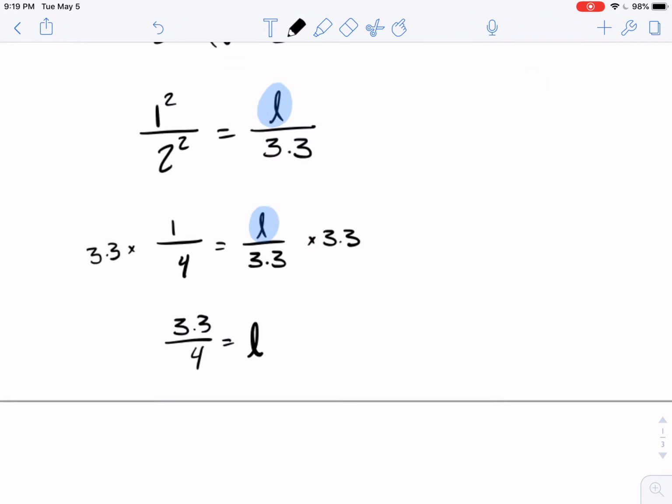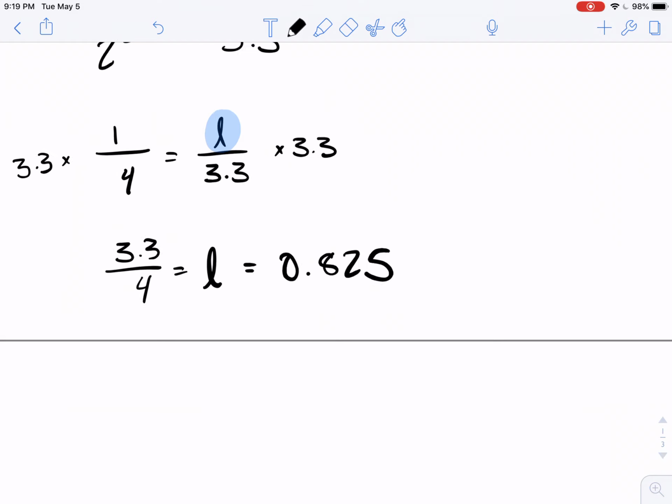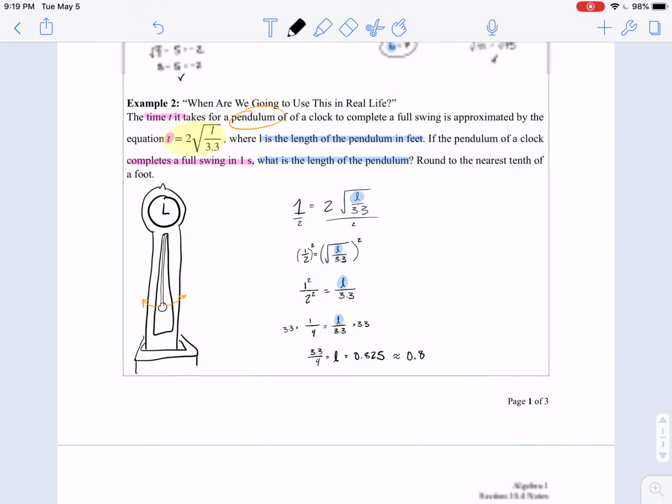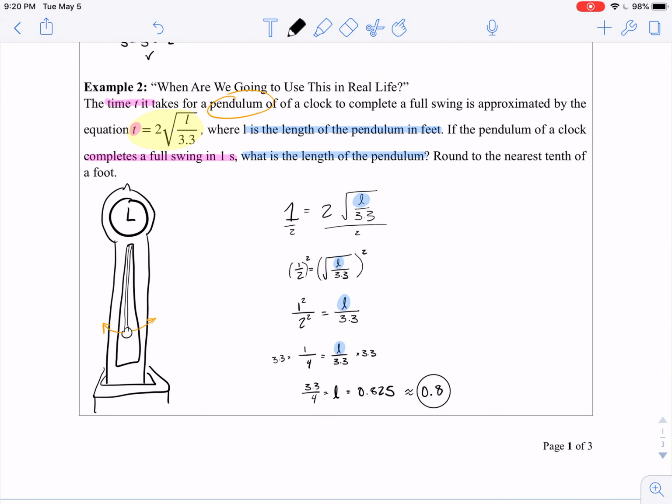And that comes out to be exactly 0.825. Rounding to the nearest tenth, 0.8, right? Nearest tenth of a foot? Yeah, about 0.8 feet. Cool. Like 4/5 of a foot. So I guess this is a very, very tiny clock. It's not even a foot long.